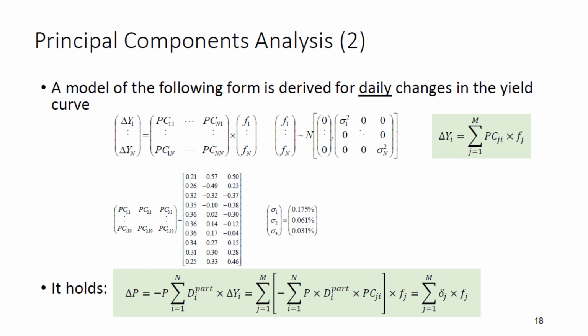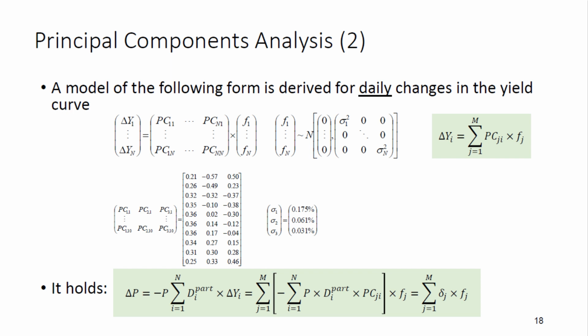So what has happened now, I started on the left-hand side with a change in the portfolio value, which is written as a combination of a partial duration times a change of the yield. And at the right-hand side, we see that we can rewrite it as the change in the portfolio value being a sensitivity for a factor, delta j, times the factor itself.